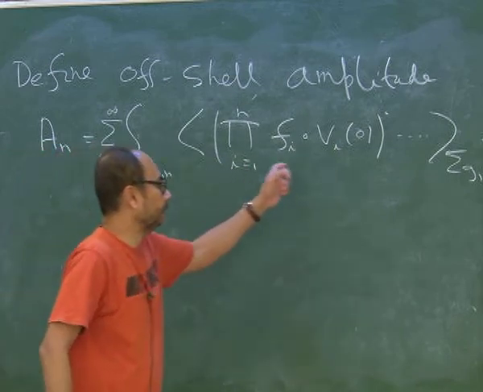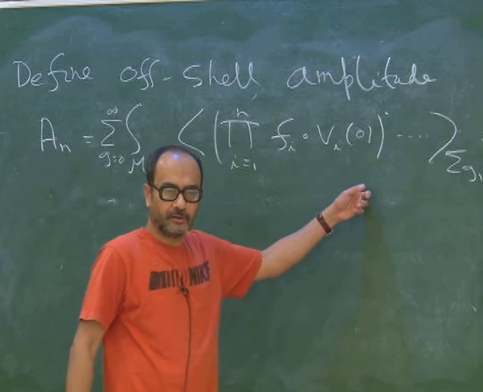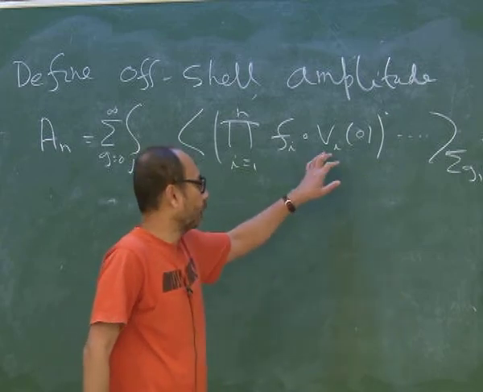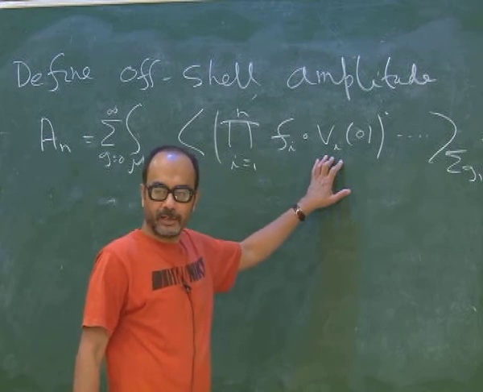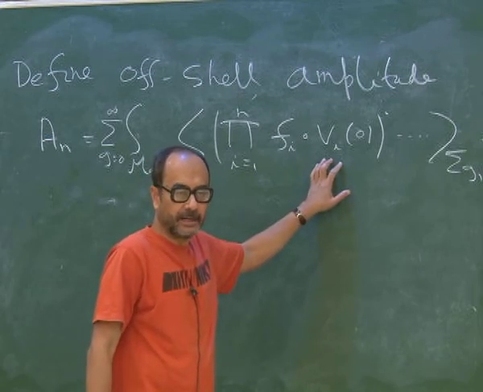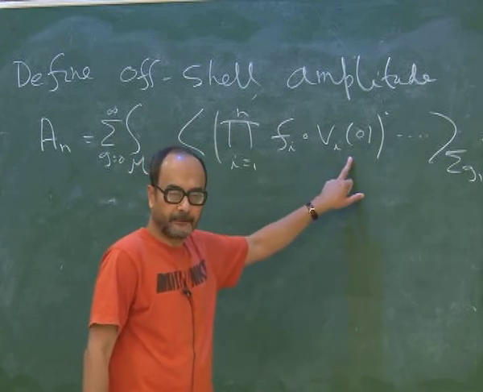So this, you see, is very similar to what we had for on-shell amplitudes. The only difference is that for on-shell amplitudes we have put V_i of Z_i here. The Polyakov prescription involved a V_i of Z_i that we have replaced by this object over here.